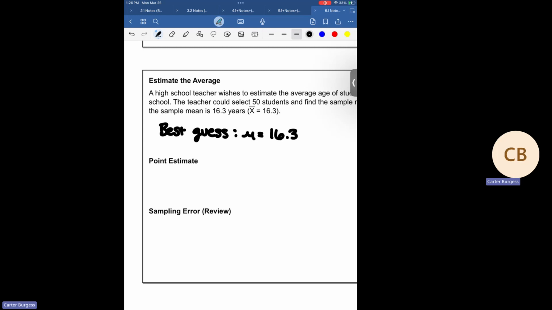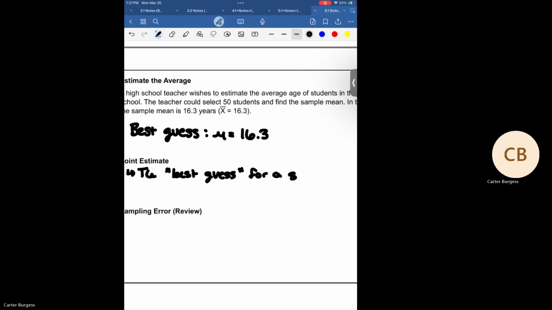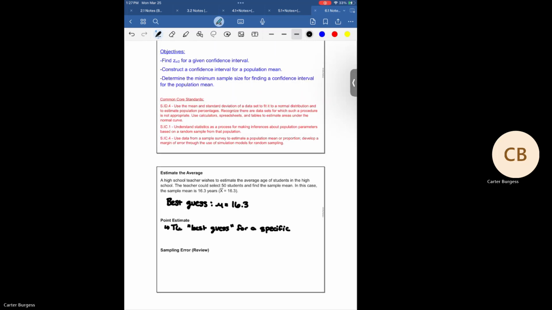Essentially, we can call this the best guess that we have for a specific value of our parameter.